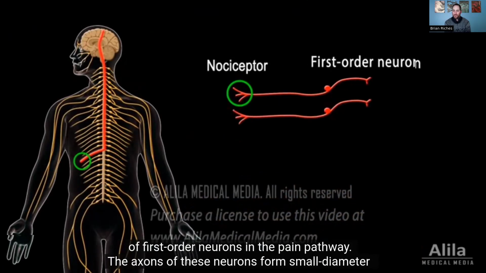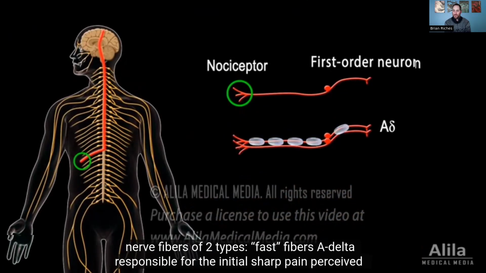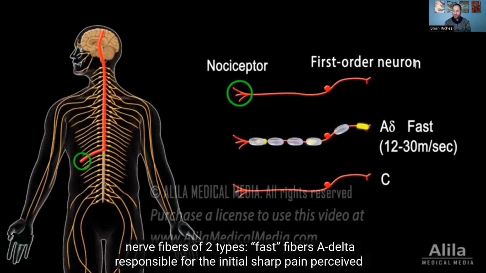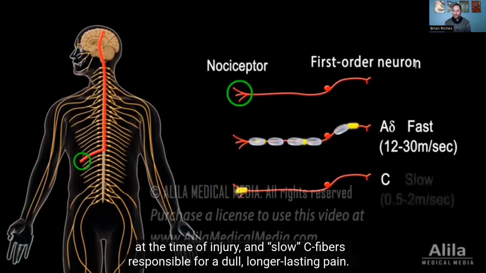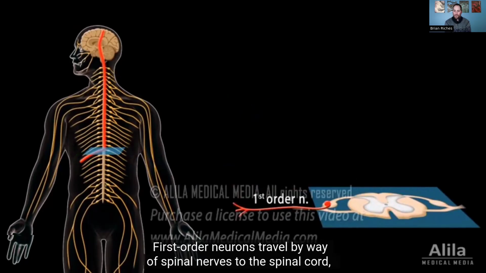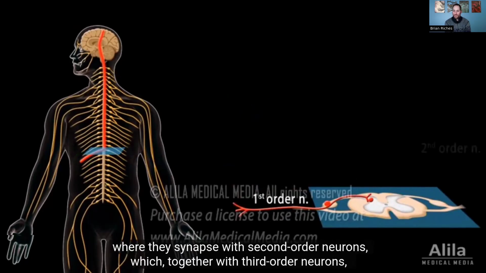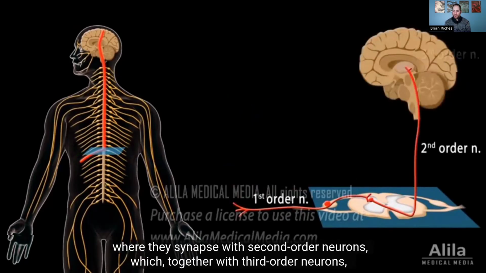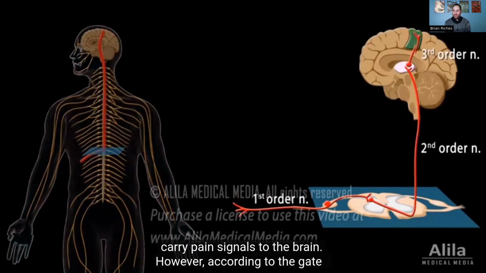The axons of these neurons form small diameter nerve fibers of two types: fast fibers A delta, responsible for the initial sharp pain perceived at the time of injury, and slow C fibers, responsible for a dull, longer-lasting pain. First-order neurons travel by way of spinal nerves to the spinal cord, where they synapse with second-order neurons, which, together with third-order neurons, carry pain signals to the brain.